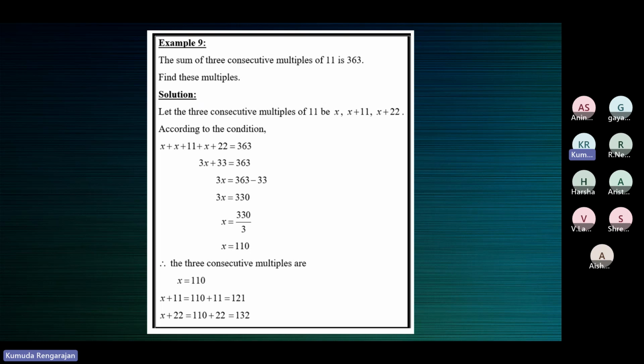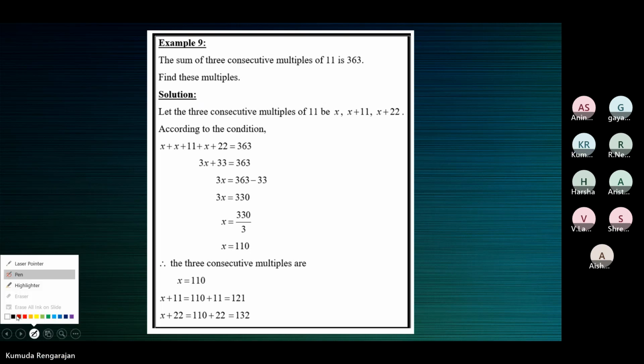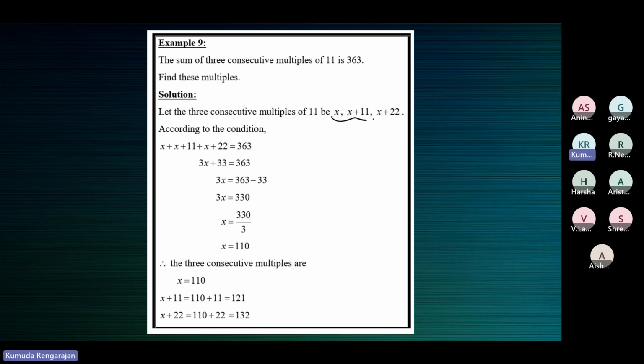So these are the consecutive multiples. And what is the condition? Their sum is 363. So if you add these three numbers, their sum meaning their total. So x is one number, x plus 11 is another one, and the third one is x plus 22.